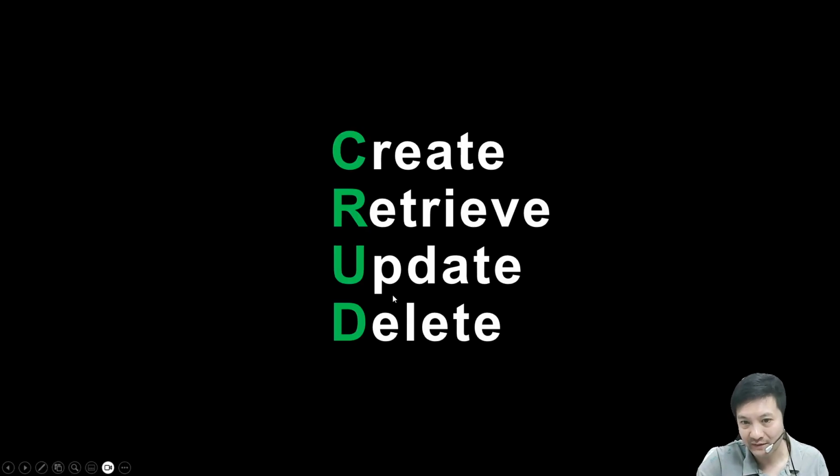Based on SQL, we group the activities as create, retrieve, update, delete. If you're working on database programming, you always just need to be familiar with these operations. First of all is create.